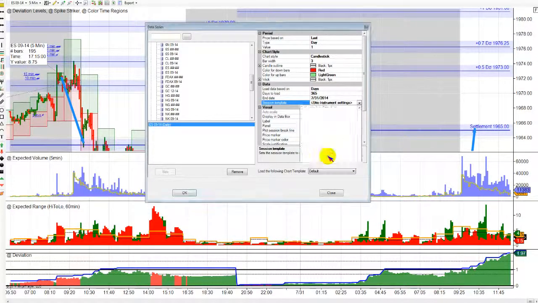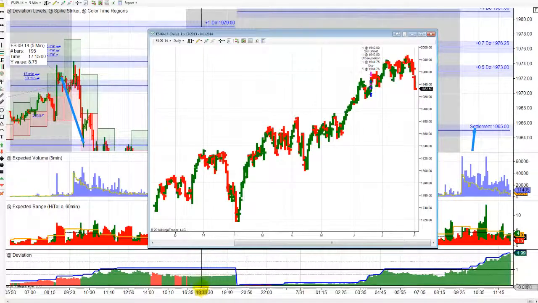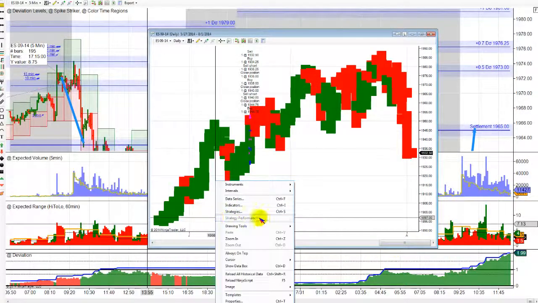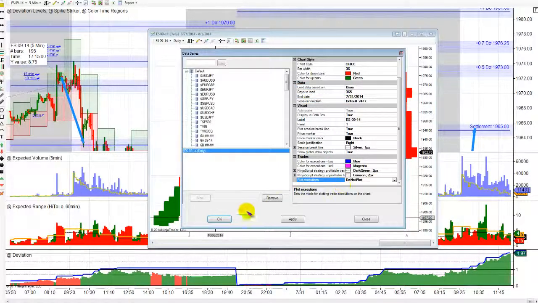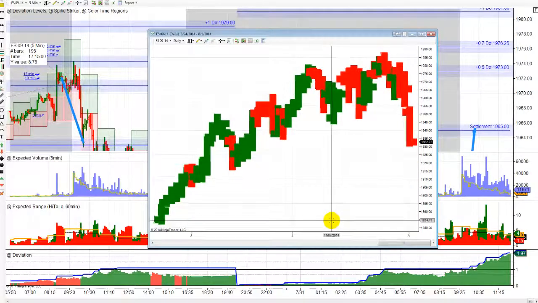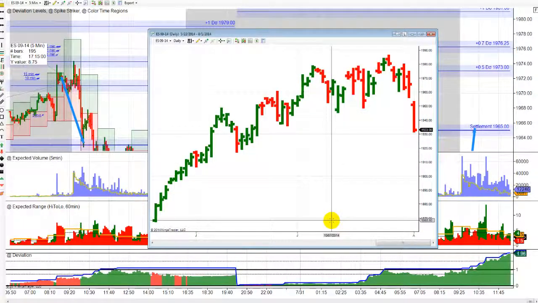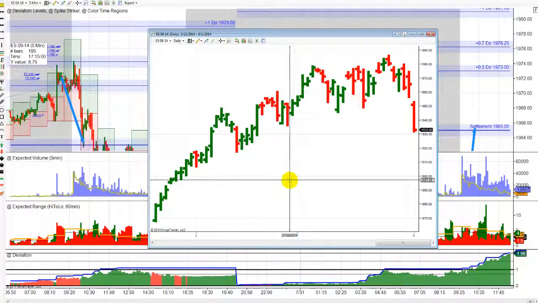Extended, regular. There we go. RTH. Open that chart up. Here we go. My demo computer. Get off of there. All right. And then you can basically look at where the closes and the opens were and did it fill in or not.